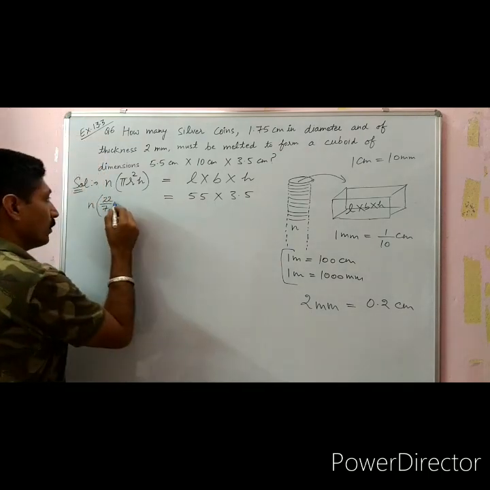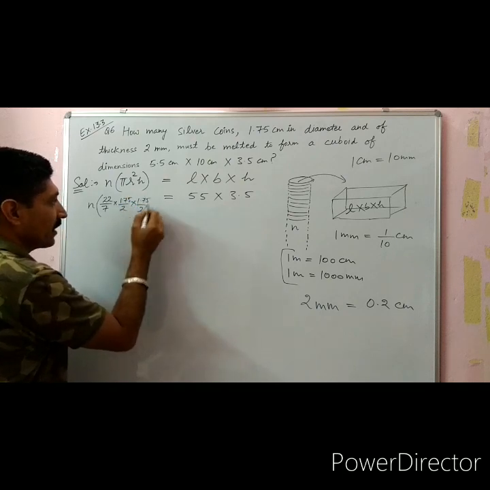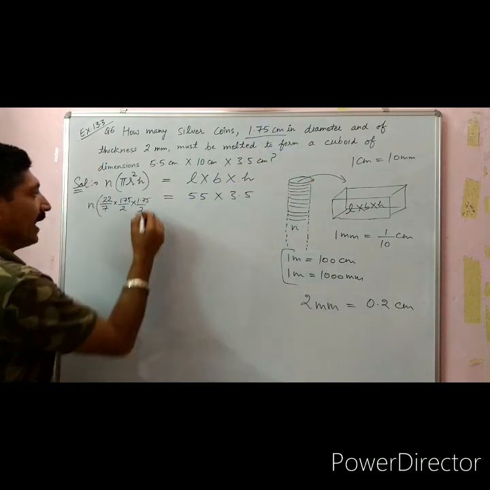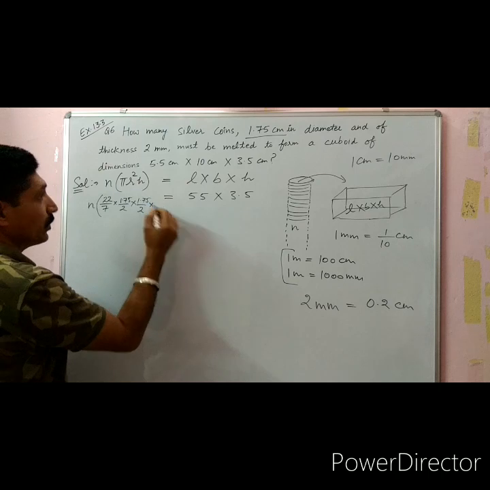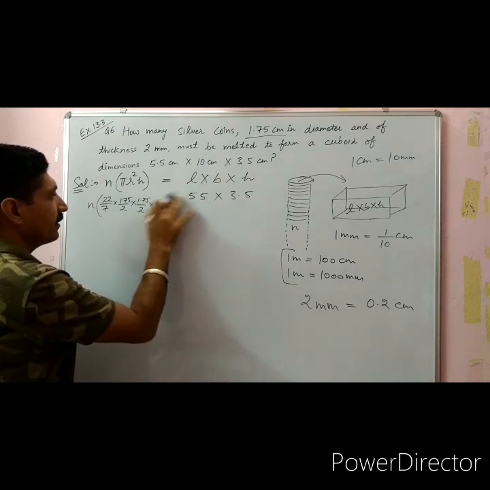R is now 1.75/2 into 1.75 into 2. Radius is half of the diameter, and h is equal to 0.2 centimeter.